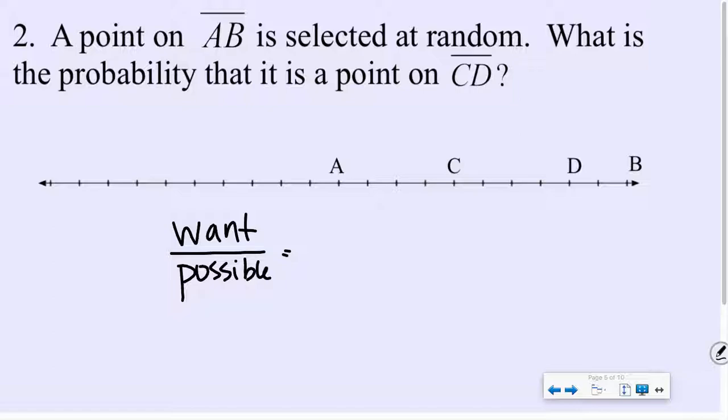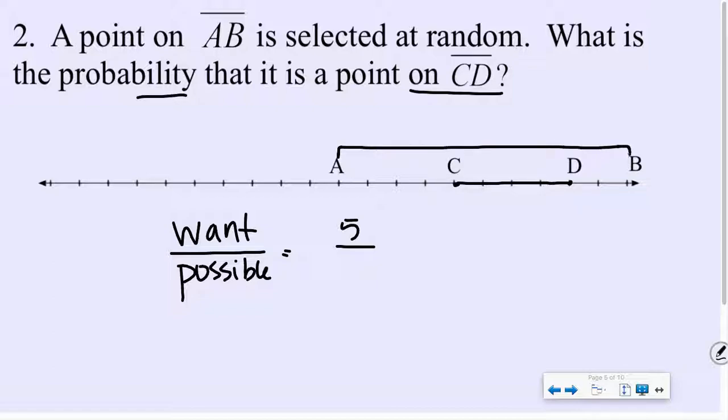So we want the probability of it landing on CD. From C to D, what's the length of that segment? 5. It could land anywhere on AB, so the length of AB is what? 10? So we'd have a 1/2 chance.